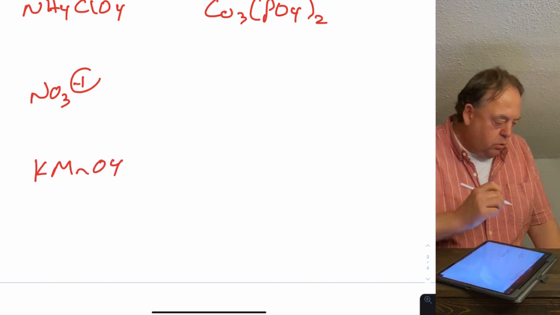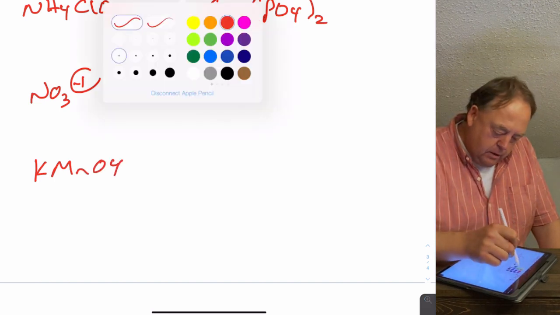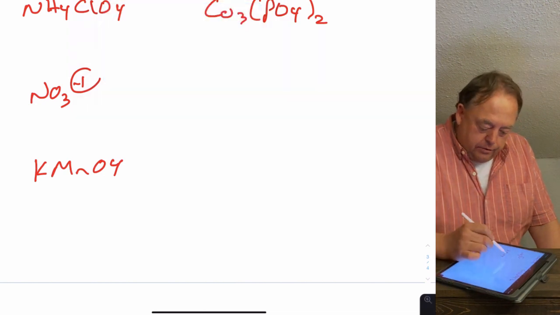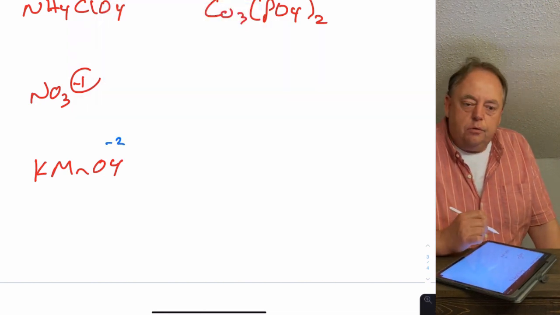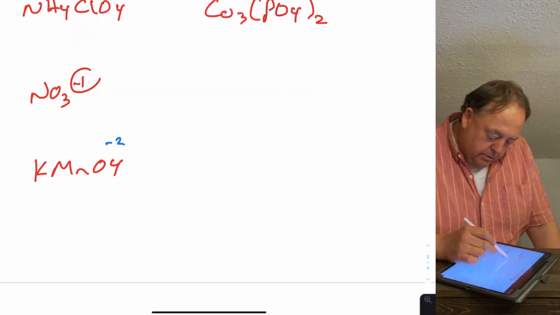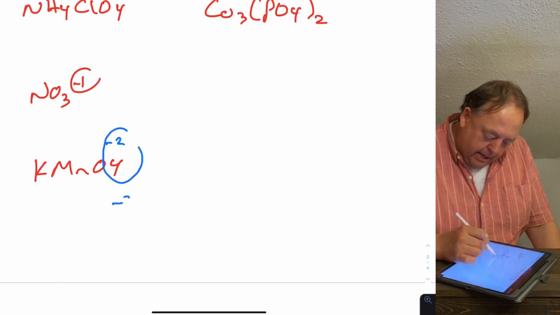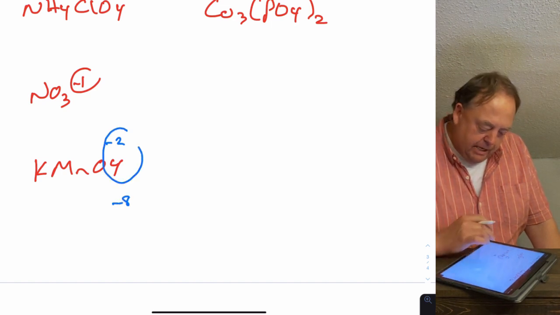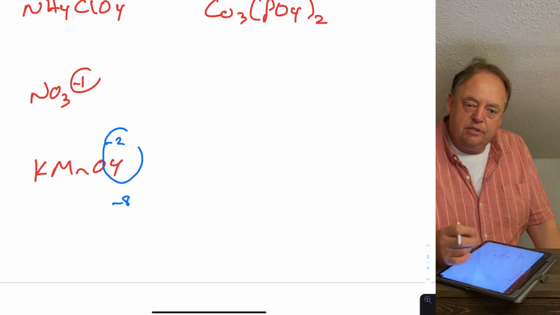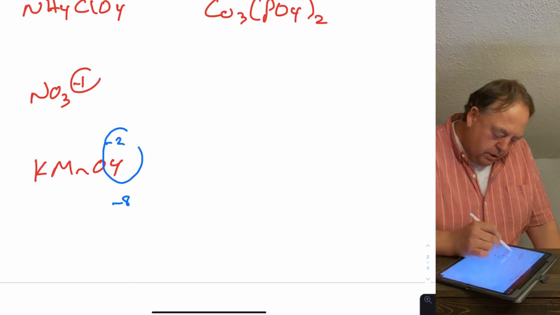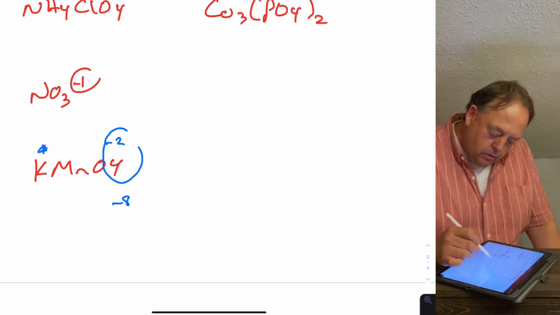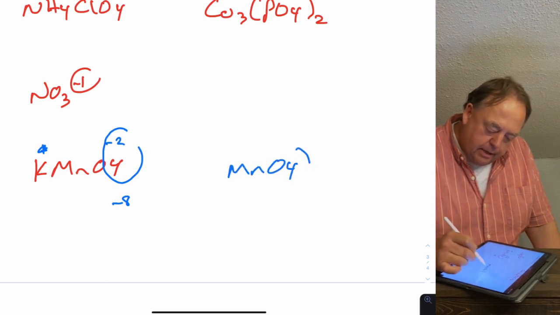So for this KMnO4, what are the oxidation numbers of everything? Where to start? We'll start with oxygen, because oxygen is always -2, right? So since there's 4 oxygens, that would be 8 negatives. So potassium and manganese have to balance that to 0. Permanganate is one of the polyatomic ions that you have to know.